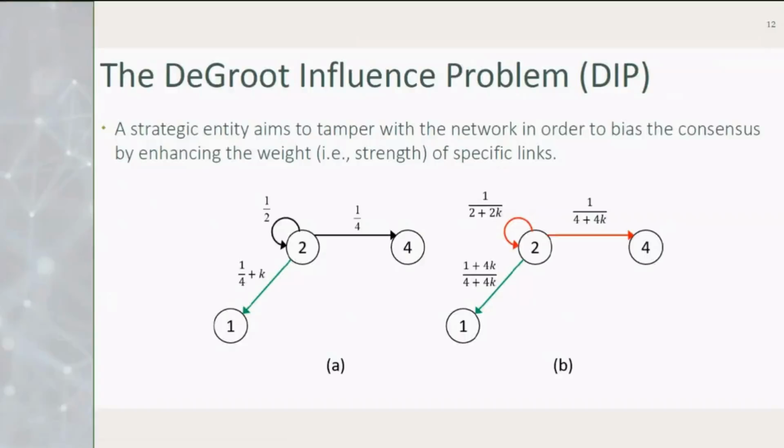So the addition of value k in the relation of node 2 to node 1 also affects the other arcs, the other edges, the other relationships of node 2. So node 1 has greater trust by node 2, but then the other nodes also have a downgrade in their trust.